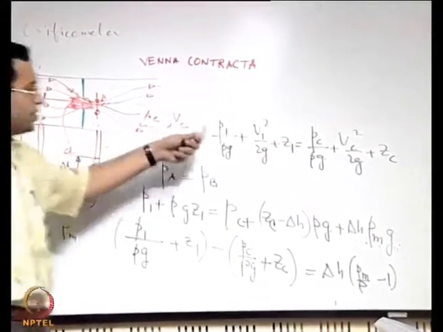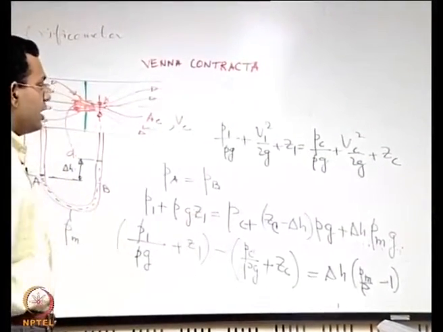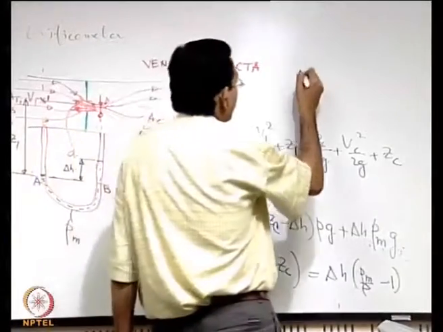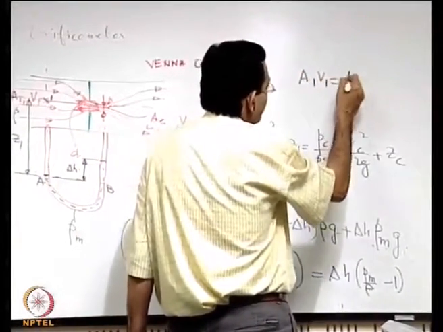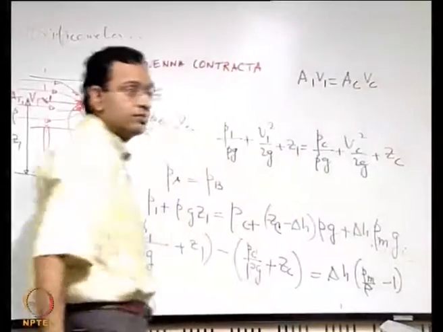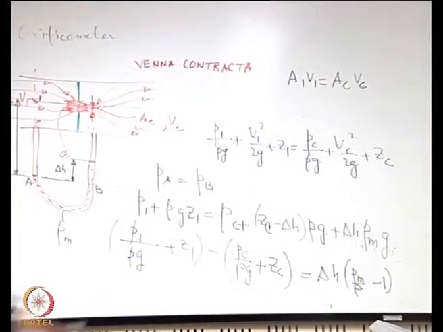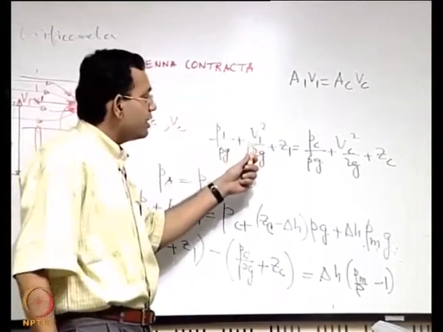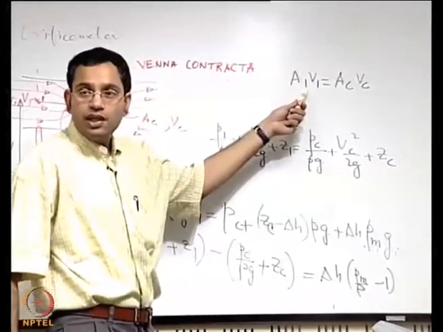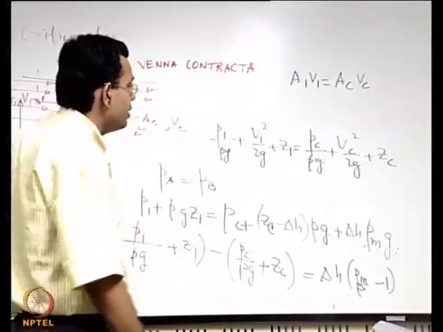So that you can substitute in this expression and you can write A1 V1 is equal to AC Vc, right. So you can eliminate V1 by expressing it in terms of Vc. So from this expression what you will eventually get?